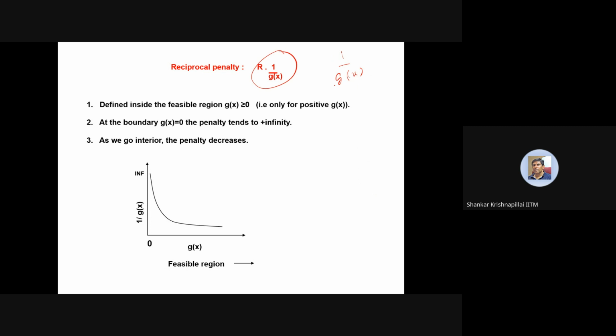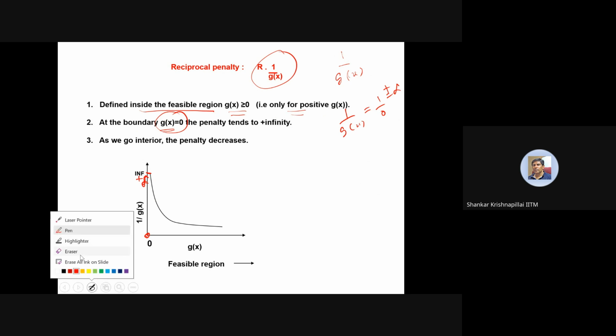It is defined inside the feasible region, where g of x is greater than or equal to 0, so it is only defined for positive values of g of x. At the boundary, g of x is equal to 0, so 1 by g of x is 1 by 0, equal to plus infinity. So at the boundary, penalty is plus infinity.